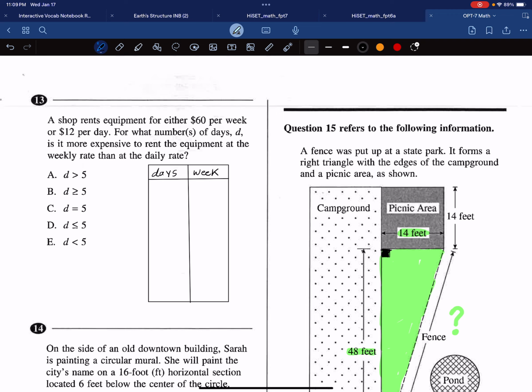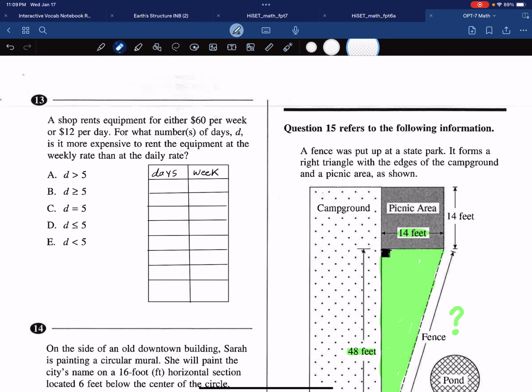Now, we know that the flat rate for the week is $60. So how many days would that be for a week? Well, there are 7 days in a week. So let's mark off 7 rows. And this never comes out evenly, so I'll have to take off the last little bit down here, but that's okay.